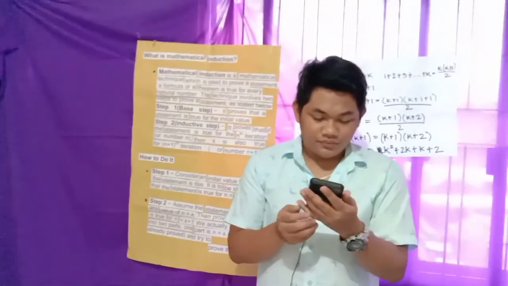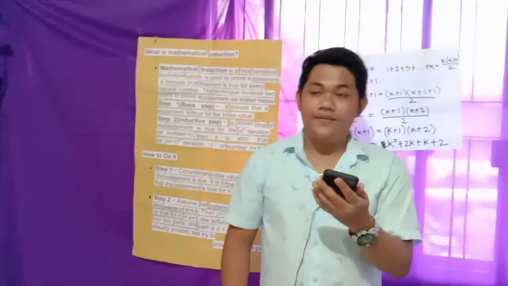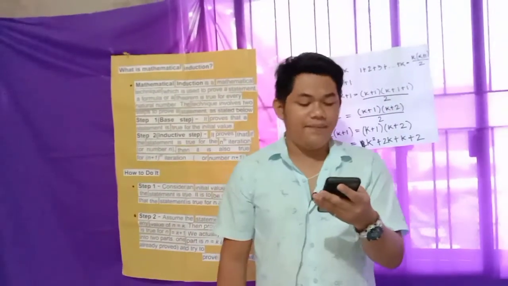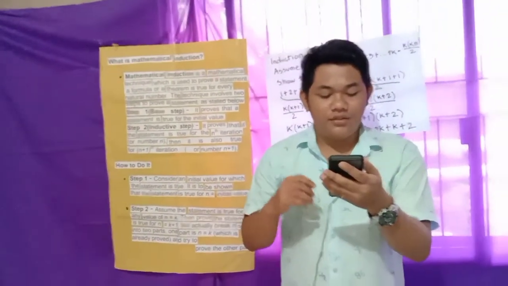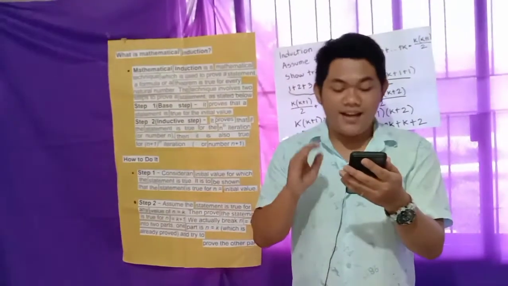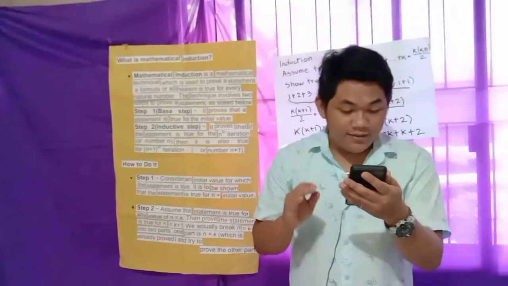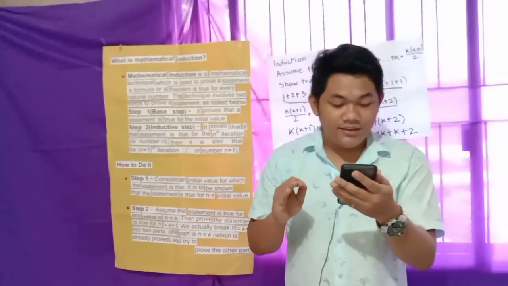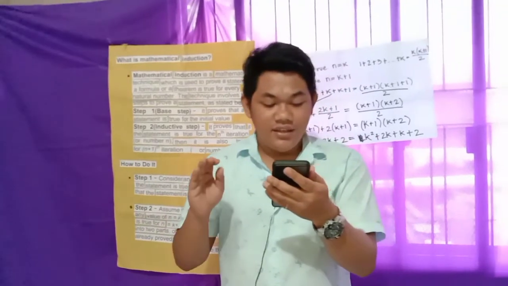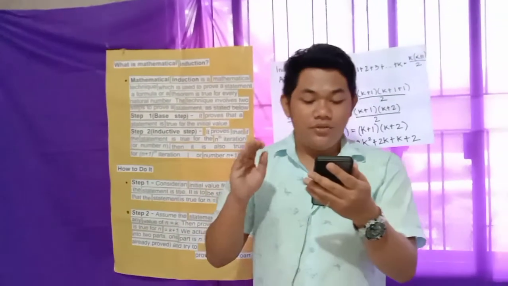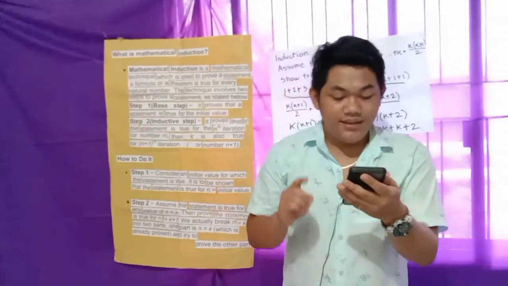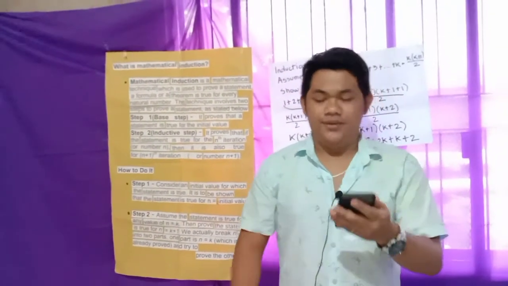Okay, are you ready, class? Number 1, prove 3 plus 6 plus 9 plus 12 plus up to 3n equals 3n times open parentheses n plus 1 close parentheses over 2.